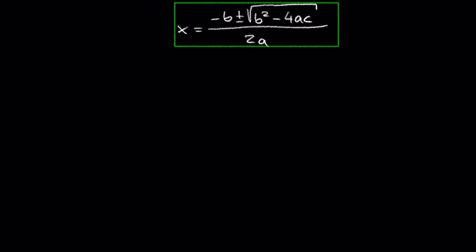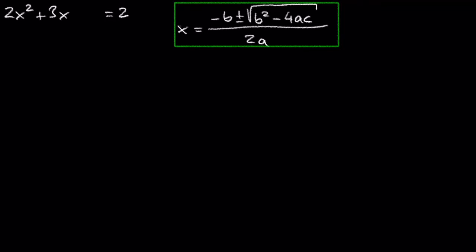I highly recommend memorizing this, because solving quadratic equations with the quadratic formula always works, even when other methods may not work. Let's say we want to solve the quadratic equation 2x squared plus 3x equals 2.